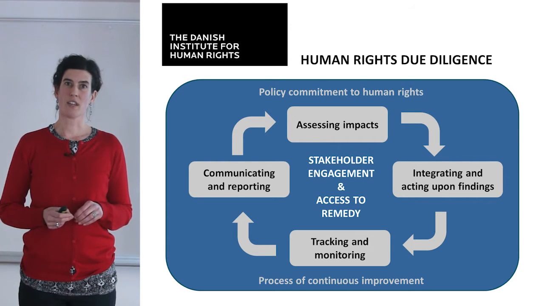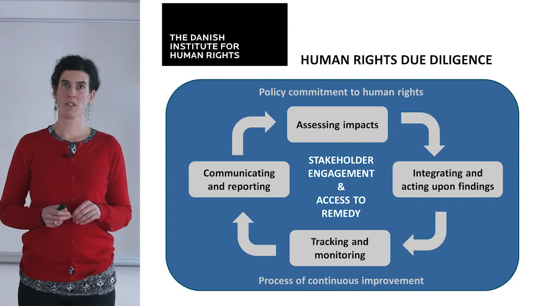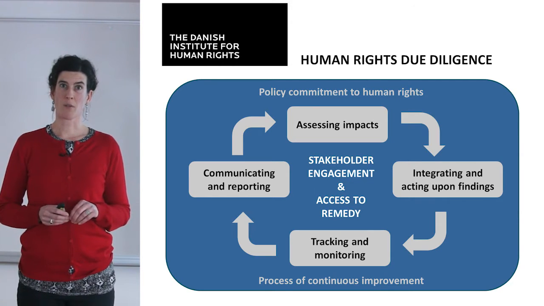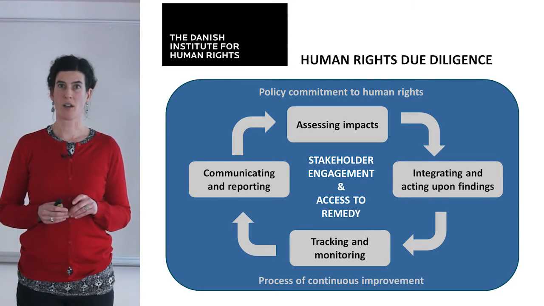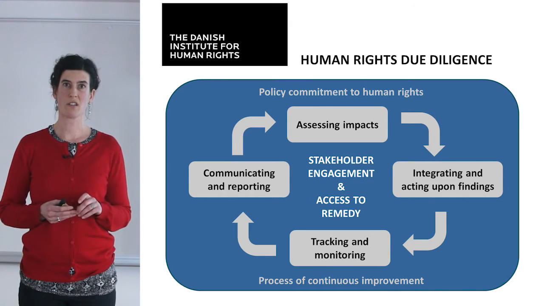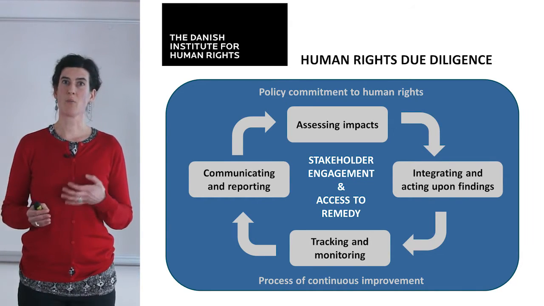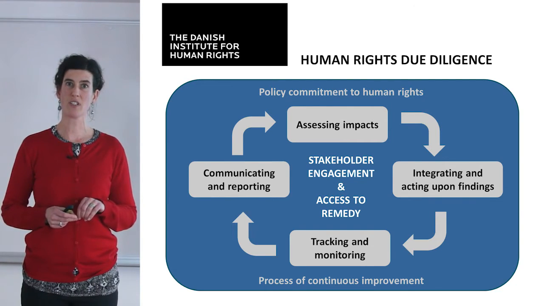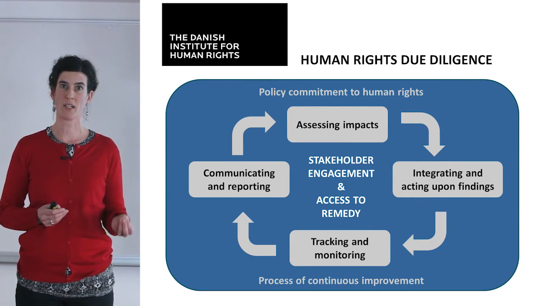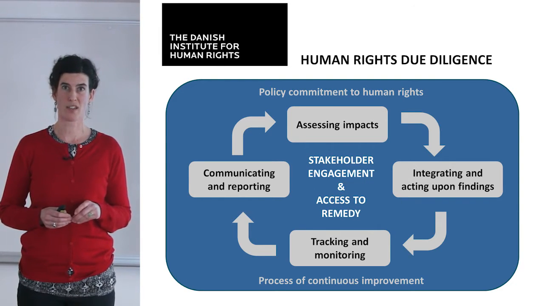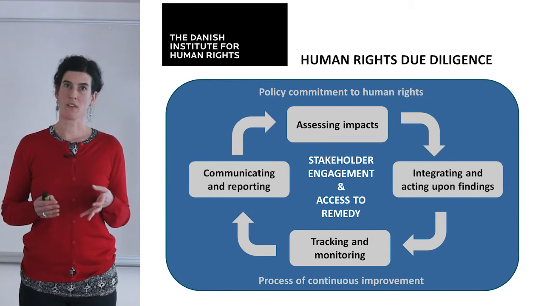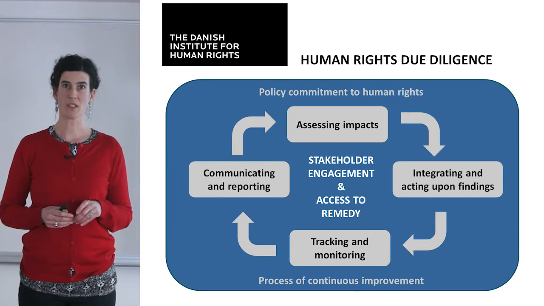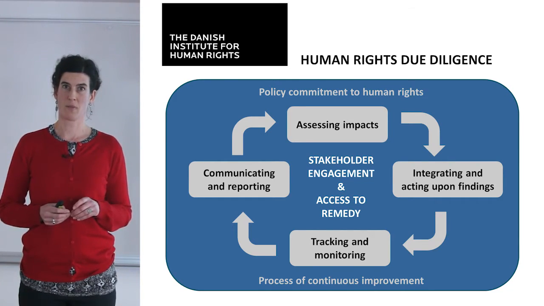Now, this includes things such as a policy commitment, assessing their human rights impacts, integrating and acting upon the findings of that assessment, as well as, of course, tracking, monitoring, communicating and reporting about their due diligence efforts, as well as the particular human rights impacts and how those are being addressed. Cross-cutting themes in this are stakeholder engagement and grievance mechanisms.